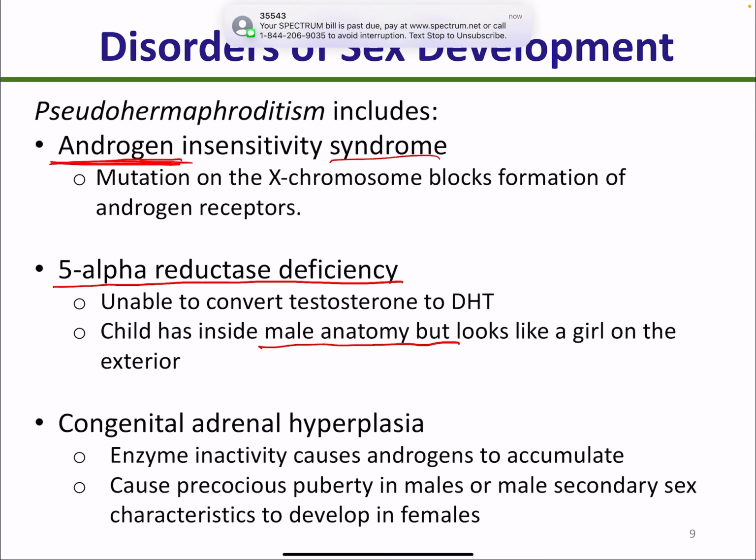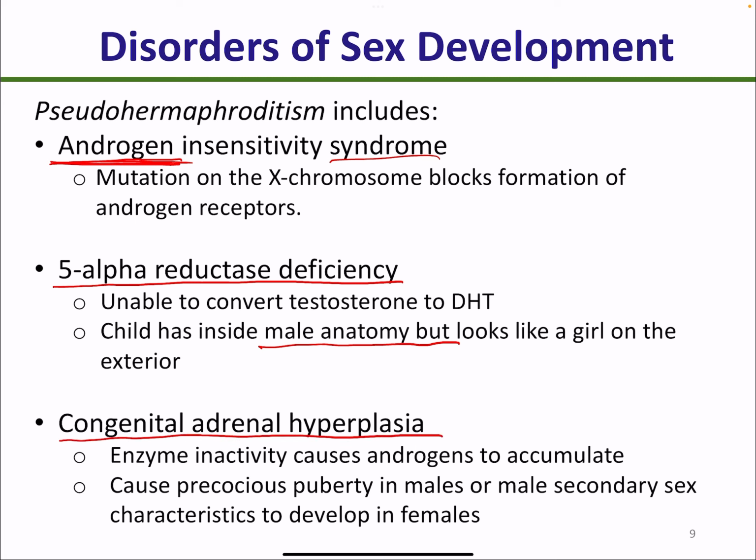And then we have the congenital adrenal hyperplasia. So here, an enzyme is inactive, and because of that, androgens accumulate in the body.